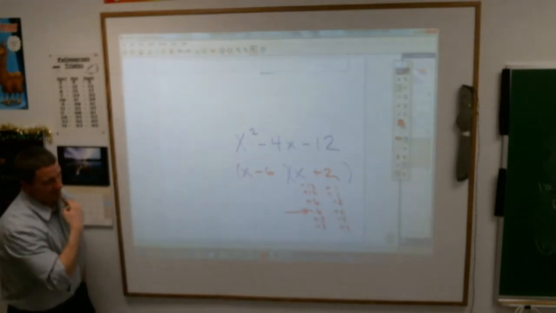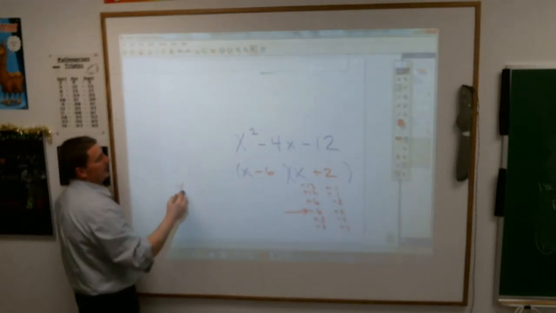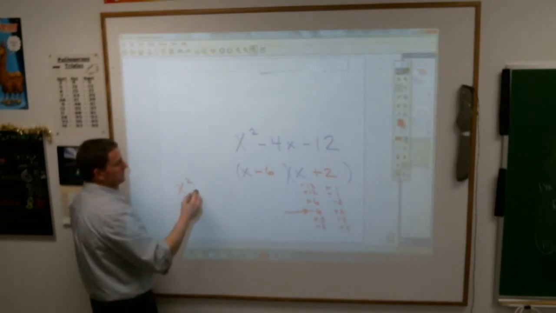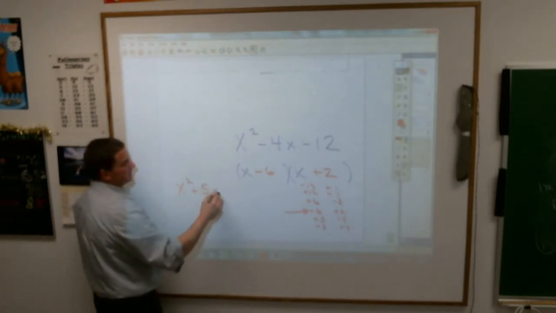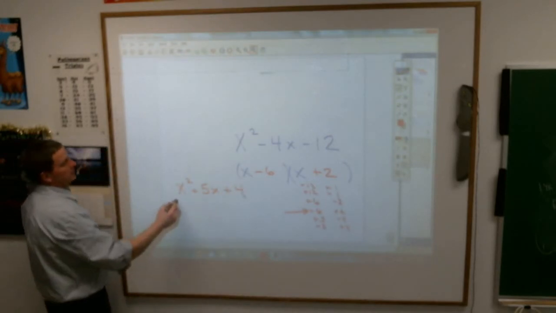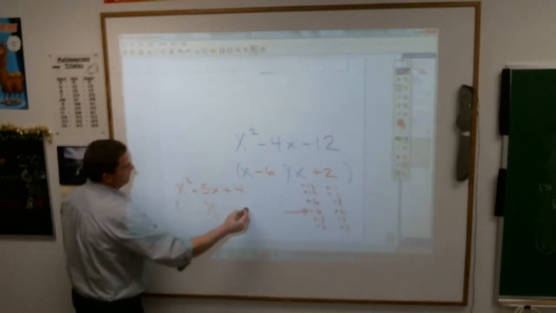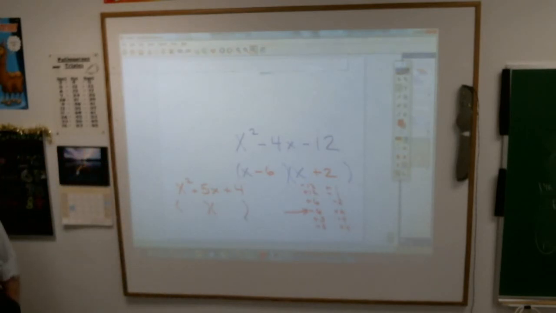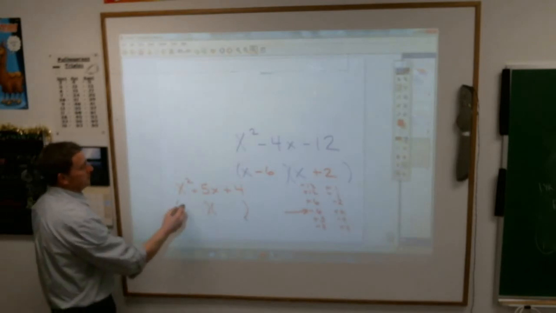How about this one? X squared plus 5x plus 4. Again, you know that this has to be x's.